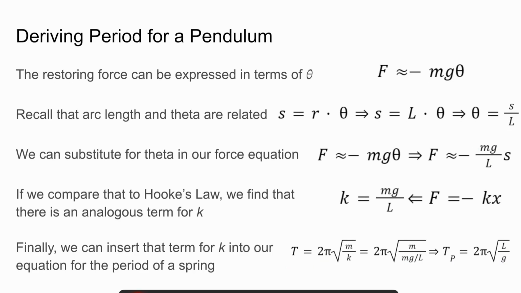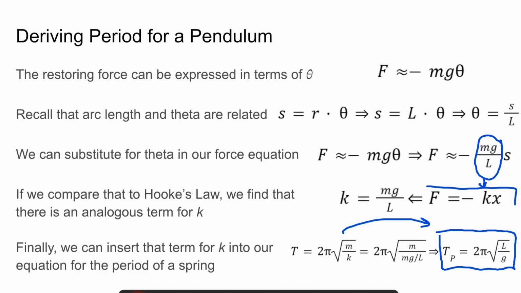And just before we leave this slide, one reminder that we built this equation, the period for a pendulum, off of that period for a spring, right? And we did it under the assumption that the restoring force of the pendulum, that mg over L, is acting like Hooke's law.